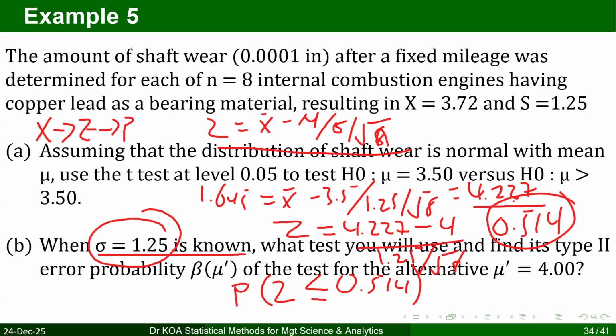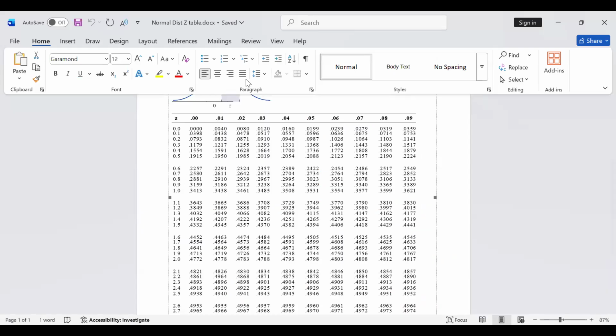0.514, okay, let's check. Is it 0.51 or 0.5/1? It's 0.51, right? So 0.1950.